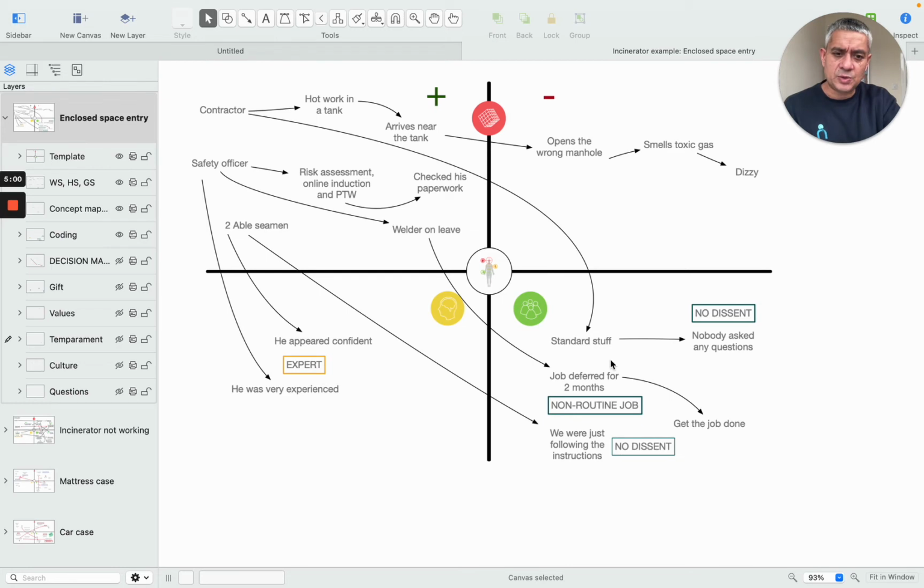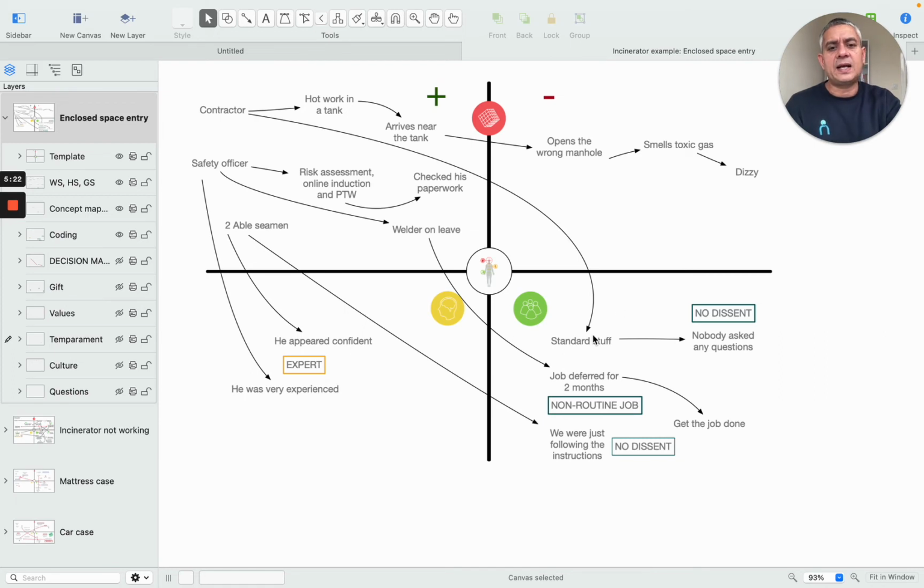What we also come to here is that the job was deferred for 2 months, and the welder was on leave. So obviously this was not a routine job for them, for a contractor to come on the rig. It was a non-routine job. It was not something that would happen each day, that they would call a contractor to do this kind of work.